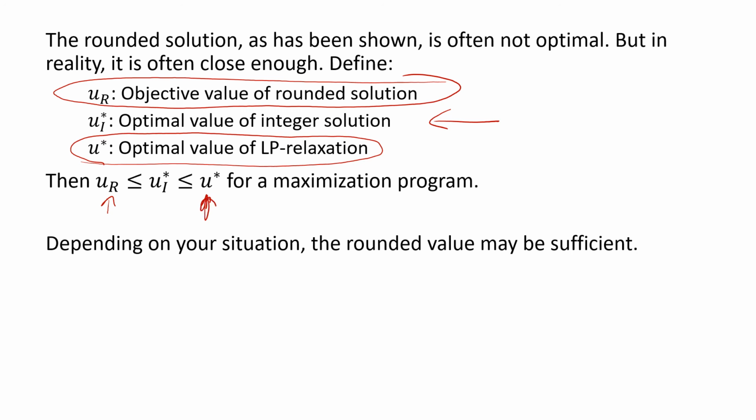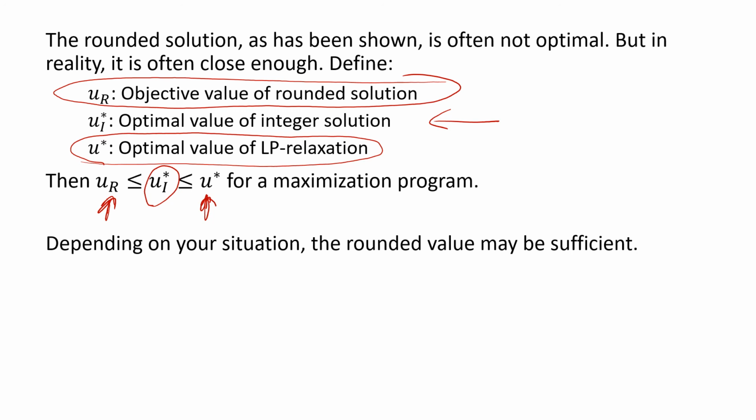So if your U star and your UR are very close, what you know is that your optimal solution for the integer problem is somewhere in between. And sometimes that's good enough. Sometimes you don't need the exact optimum, but if you have a solution that is within 99% of your optimum, you're happy with that.